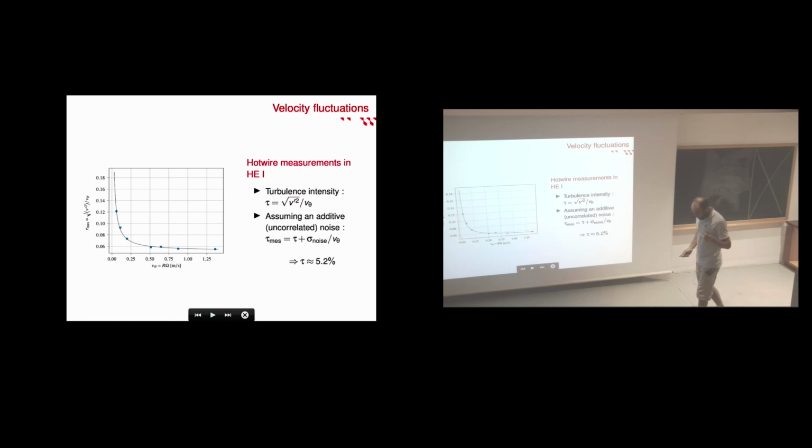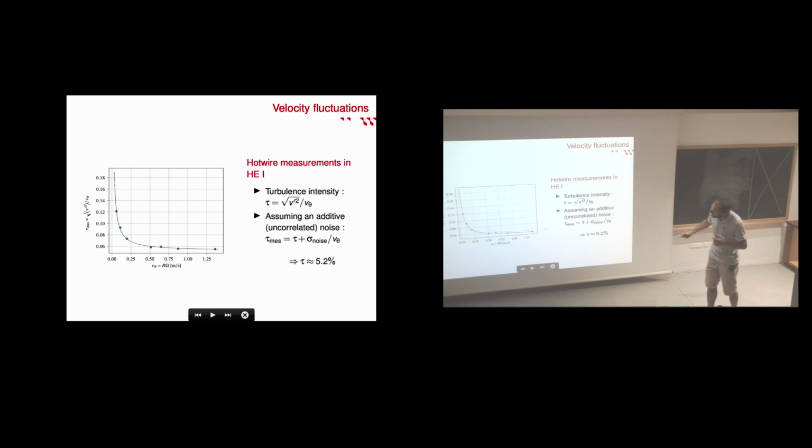Now, if we want to put numbers on the expected dissipative length scale, we need to define a turbulence Reynolds number. For that, we need the RMS of the velocity and the integral length scale. The RMS of the velocity, we obtain it through the turbulence intensity, which is about 5%. We measure it, as I said, with the hot wires.